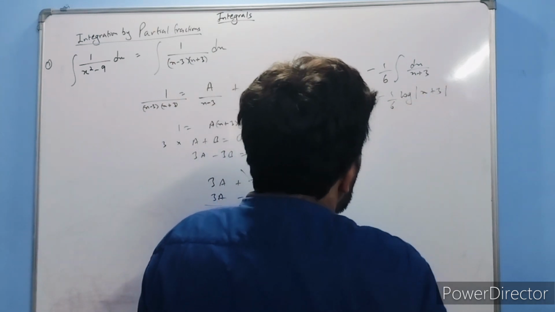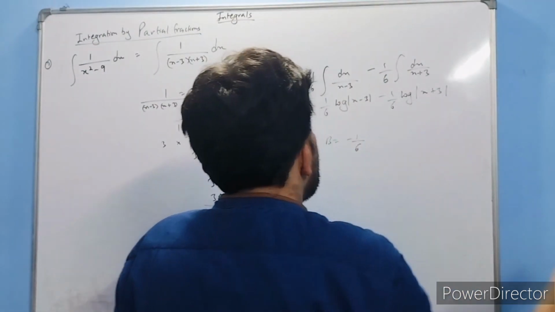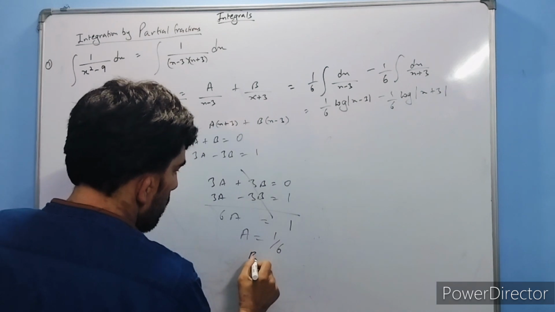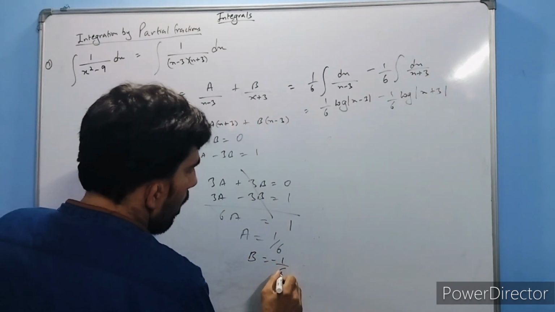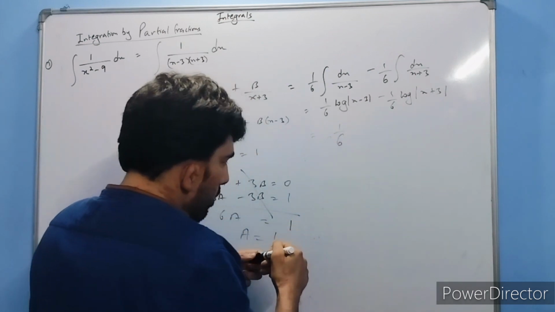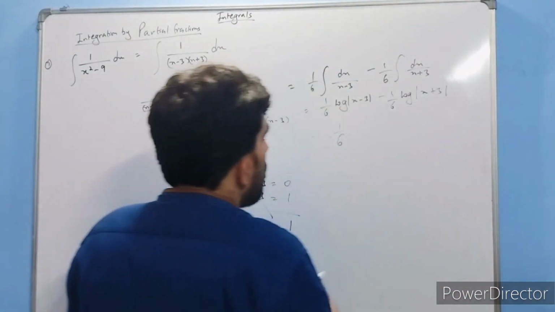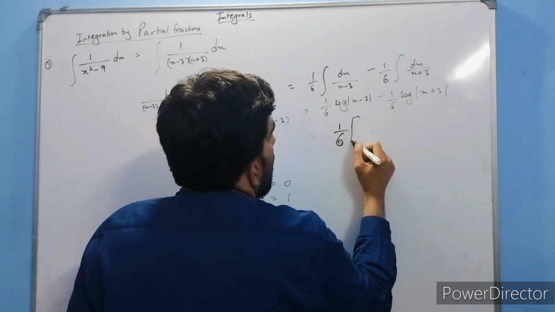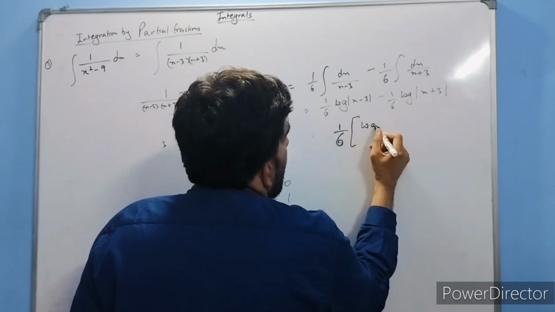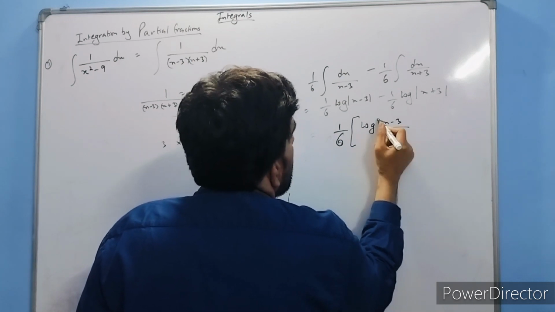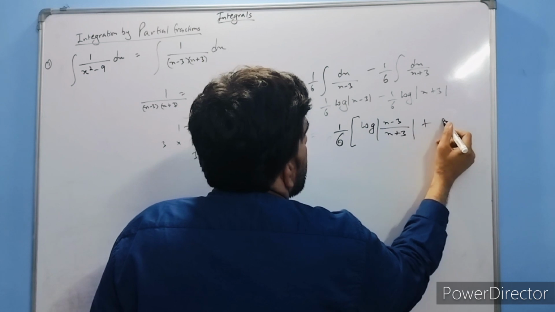Here b is equal to minus 1 upon 6. If I take 1 upon 6 common, I can write log of x minus 3 upon x plus 3 plus c.